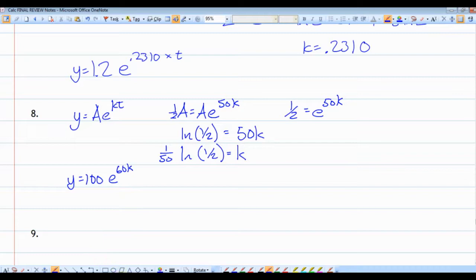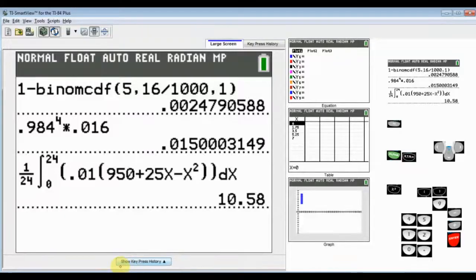60k. Let's go ahead and calculate this. What is that? We have 1/50th natural log of 0.5, and we want to multiply that by 60, right?